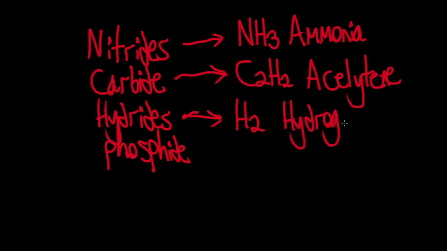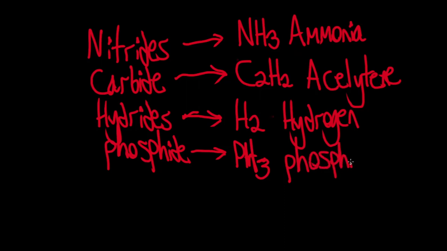You can think of the Hindenburg disaster if you want to think about what happens when hydrogen catches on fire. And you can also produce something called phosphine gas, which is PH3, which is highly toxic. Okay, so those 4 types of binary salts you've got to worry about.